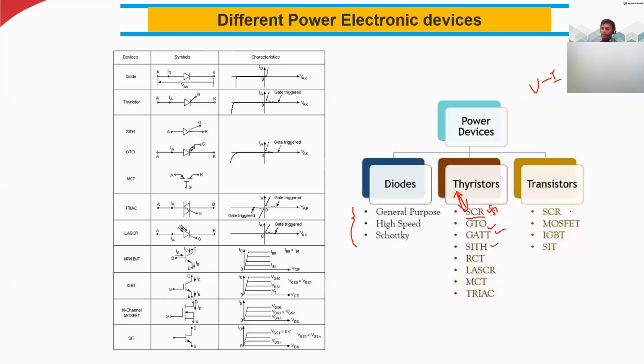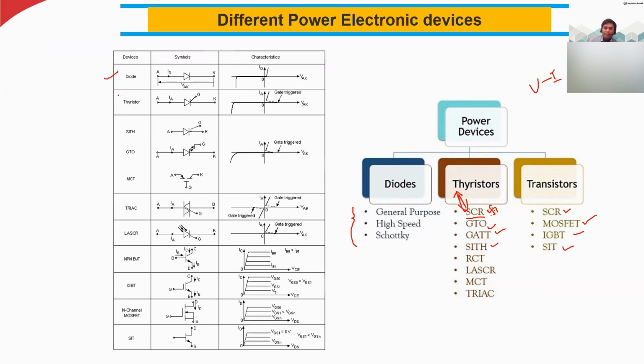Okay, transistors. Again, this SCR can also come under this family, transistors, and MOSFET, IGBT, and SIT. So these are the devices and these are the symbols of each device. Diode, you know already how we can symbolize the diode. And this is the IV characteristics or VI characteristics of the diode.